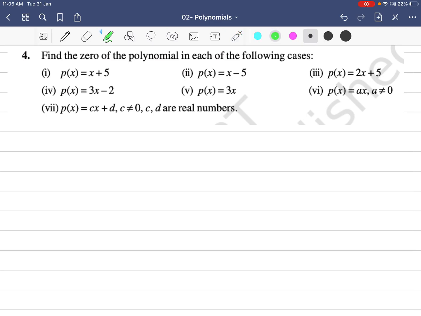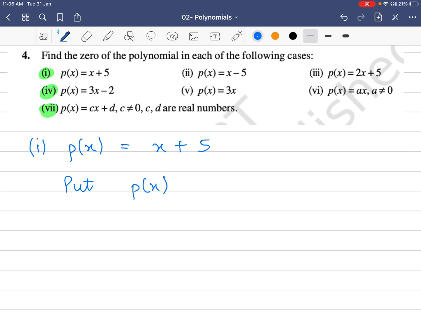So once again, all these problems are very similar. So I'm just going to solve the first, the fourth, and the seventh one. The rest of them are quite similar. So let's start with the first one, p of x equal to x plus 5. In order to find the zero of this polynomial, we simply put p of x equal to 0.